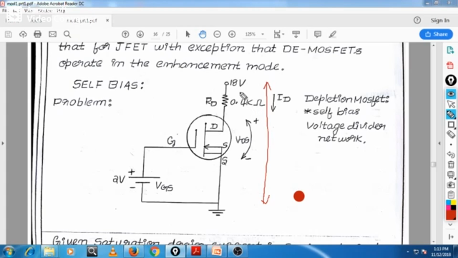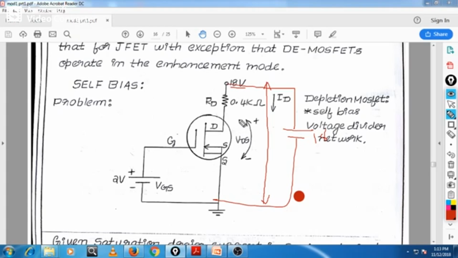That means here it is VDD. We have connected it something like this; we have shown it in single-ended notation, but it is connected something like this. This is 18 volt.